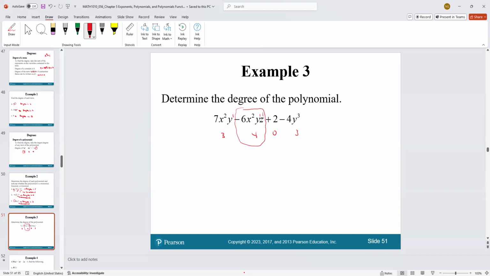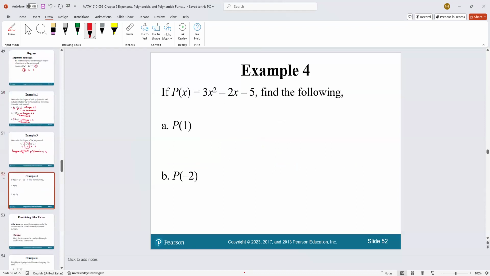Because of that, the greatest degree of any term is 4. So the degree of that polynomial is 4.